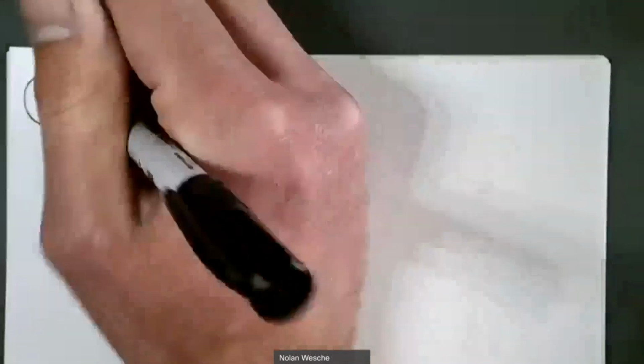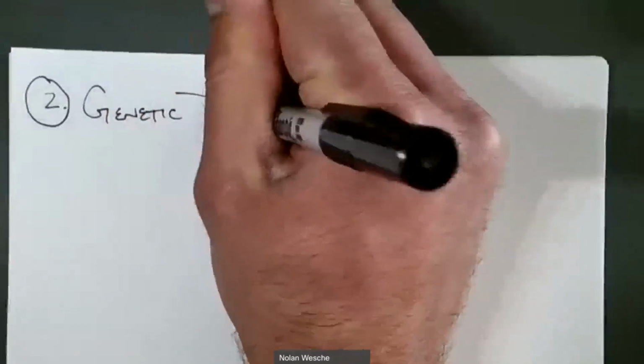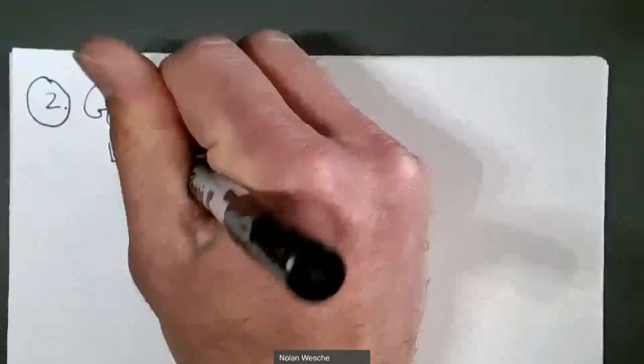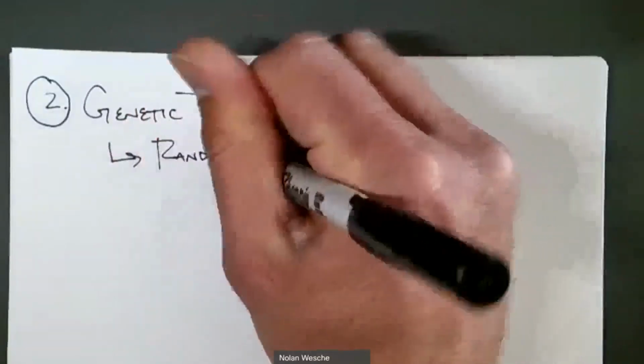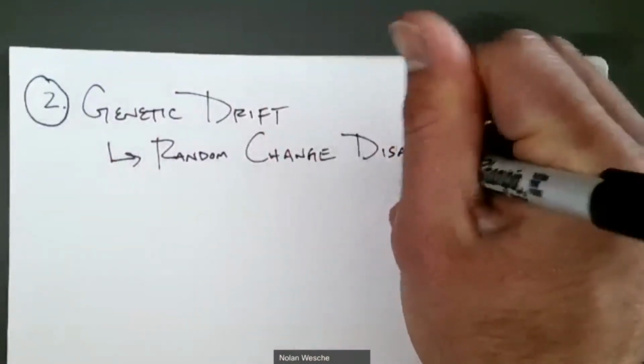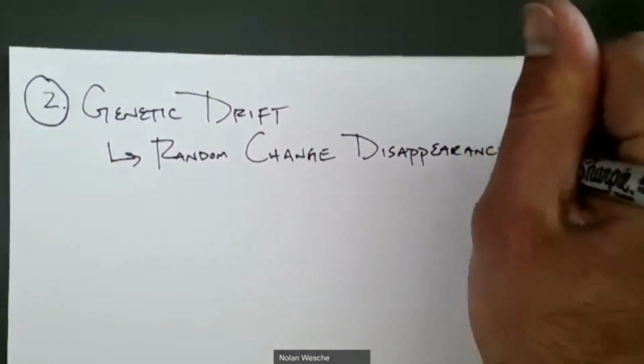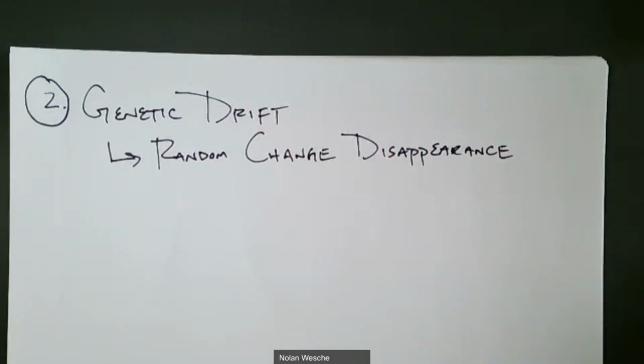The second mechanism by which evolution can occur is what we call genetic drift. And this is more of a random chance disappearance of alleles rather than a selection.